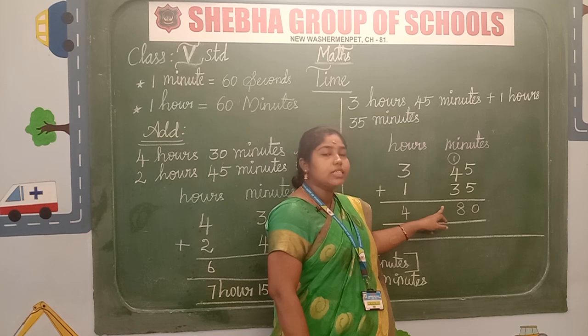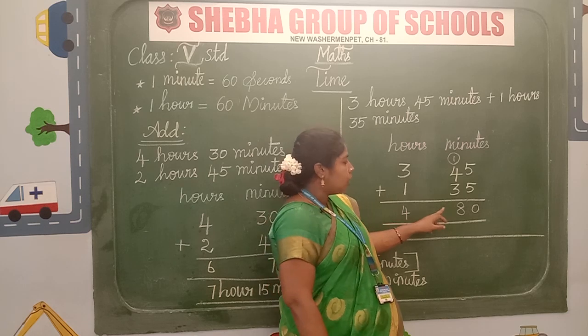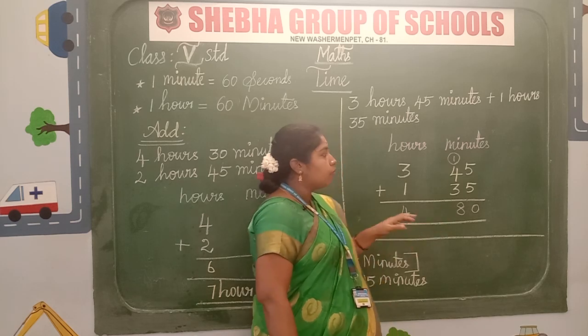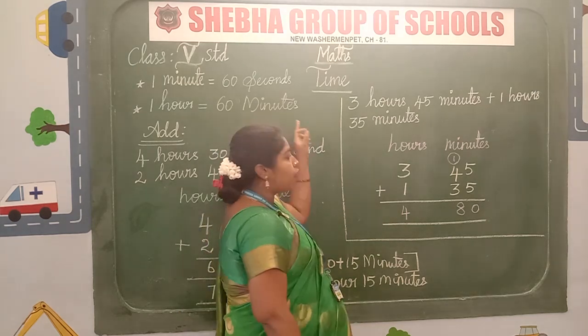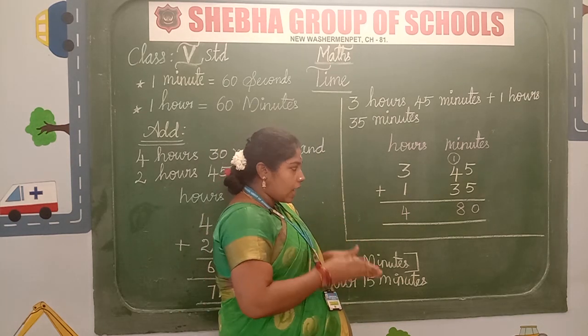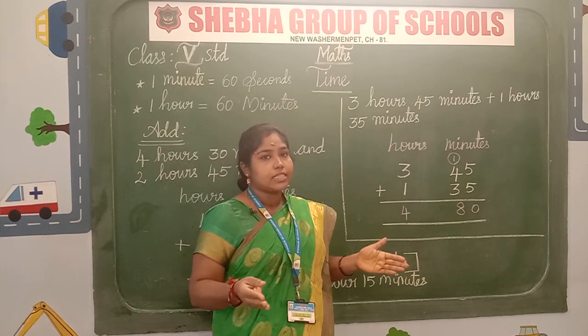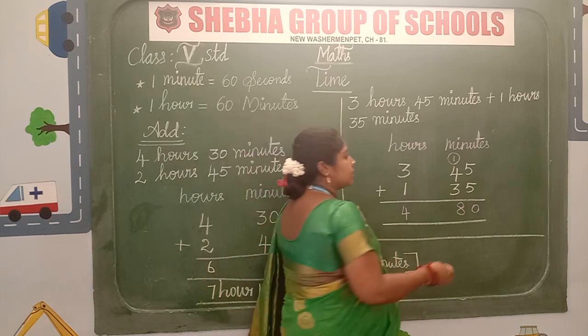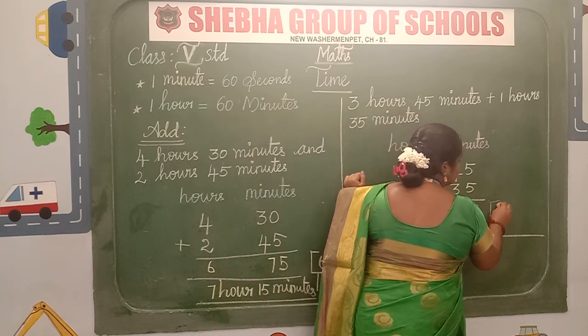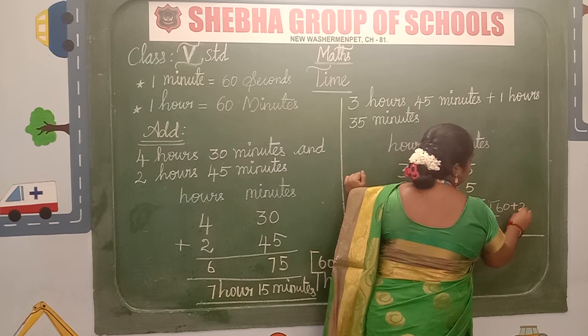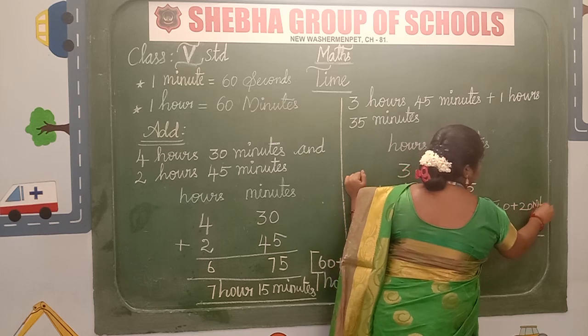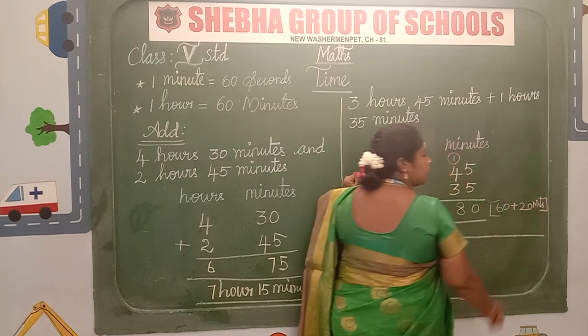Is 80 minutes possible for us in the sum? No, because in 1 hour we have only 60 minutes. So again we have to split this 80 minutes as 60 plus 20 minutes. Clear?